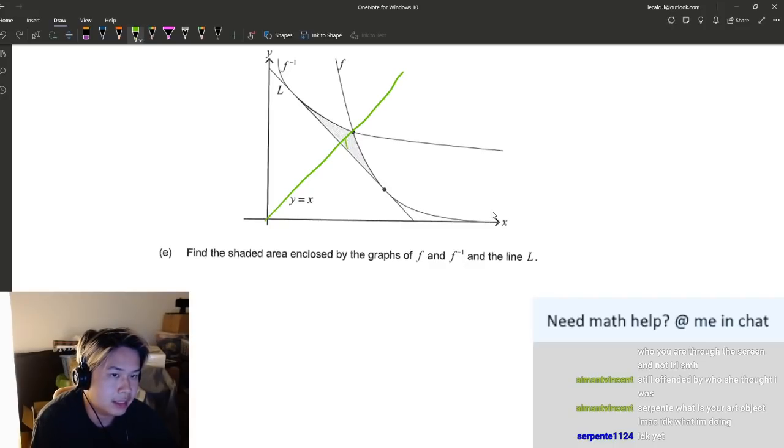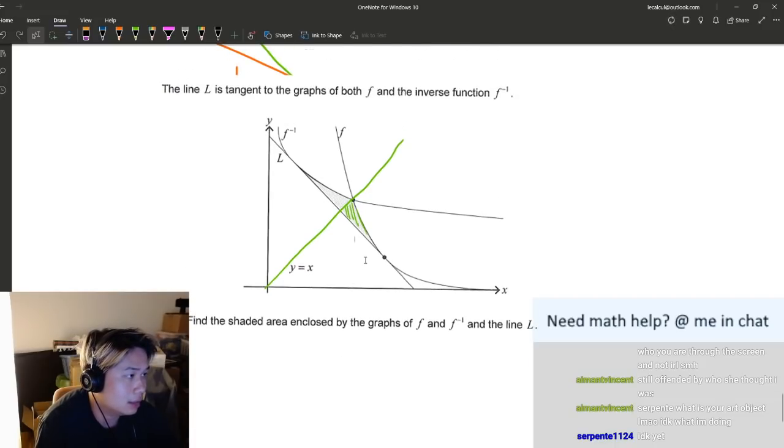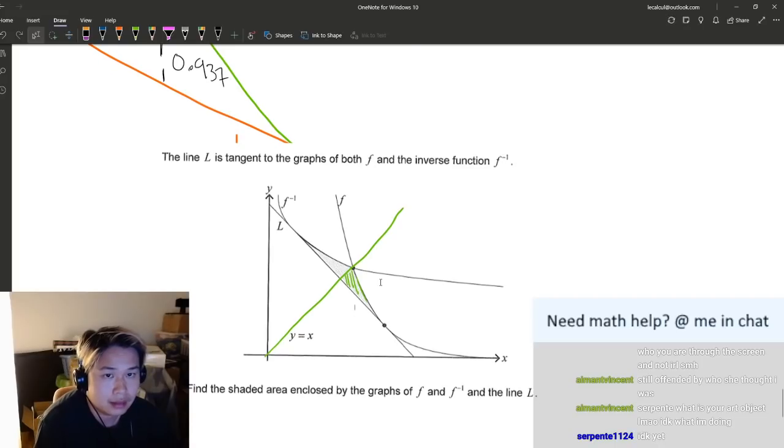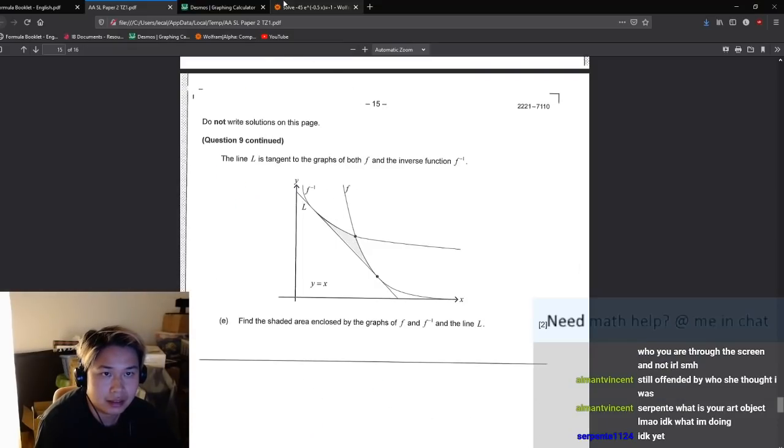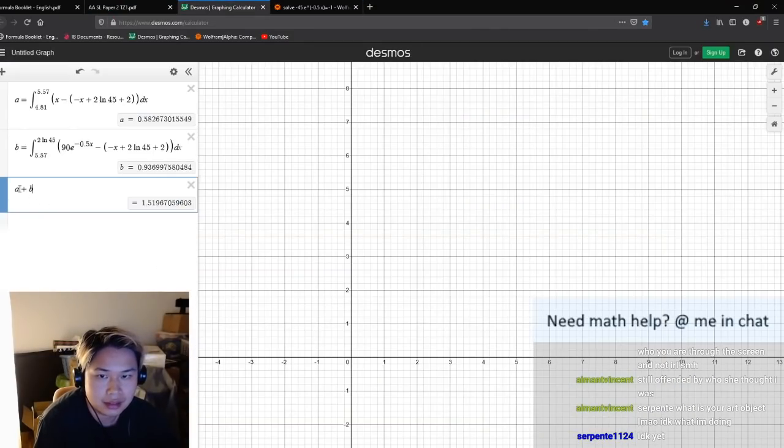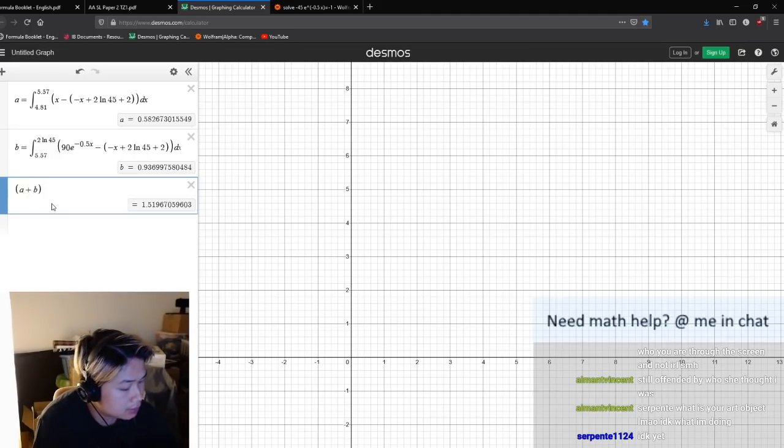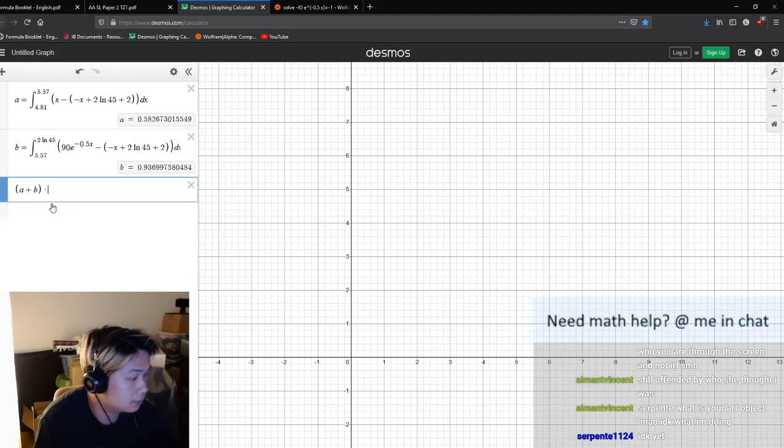And we just found out what this area is in the previous question. So we just multiply it by 2 to get the final area. So 1.52, well, actually, Desmos, tell me what A plus B is times 2. So 3.04.